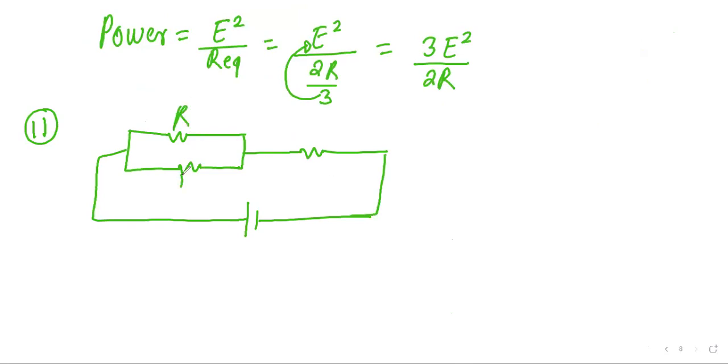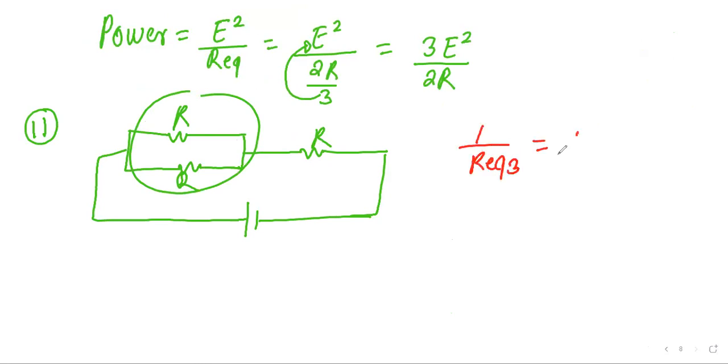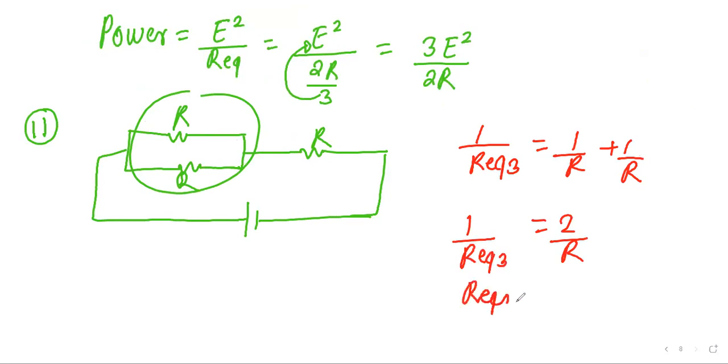This is R, R, R. So what will this R equivalent be? 1 upon R equivalent is 1 upon R plus 1 upon R. So add it, it will be 2 upon R. So R equivalent is nothing but R upon 2.